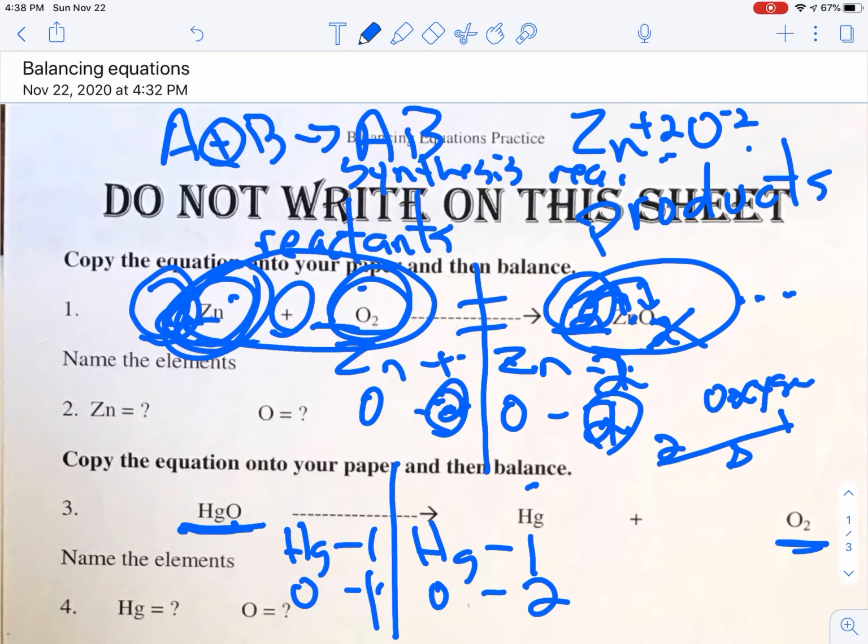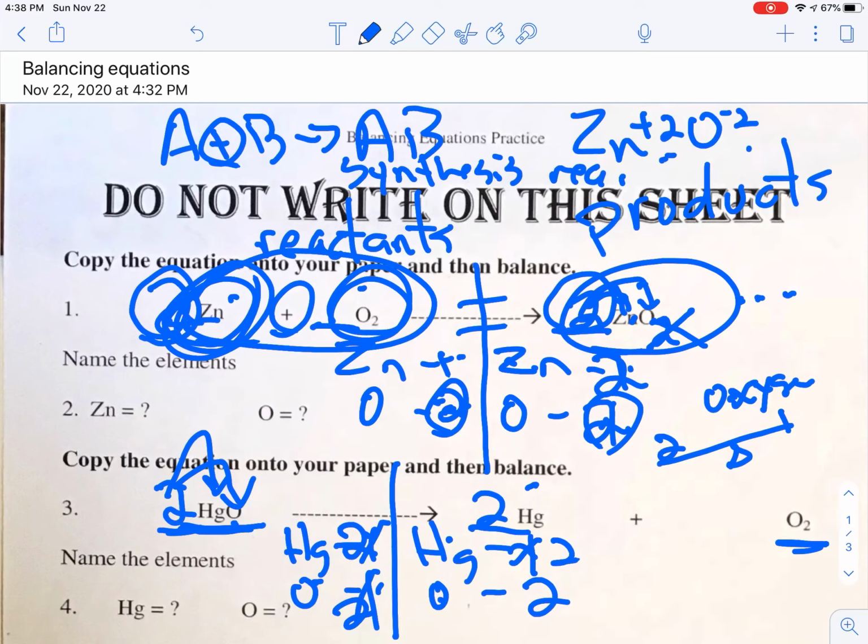The mercuries are balanced, but the oxygens are not. I need to get 2 oxygens on the left side, and I'm forced to put it in front. I now have 2 oxygens, but in the process, I've made 2 mercuries, but no big deal. What am I going to put right there? A 2. And that makes 2 mercuries, and it's all finished. Okay? That's how to balance chemical reactions.